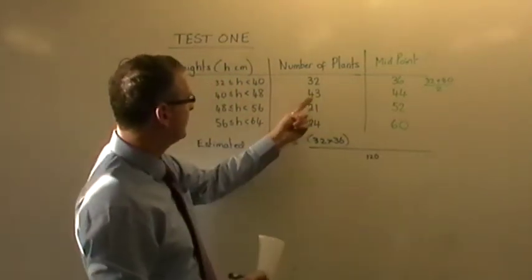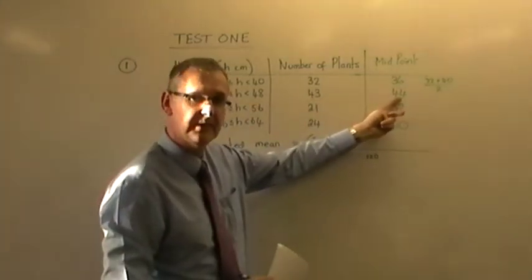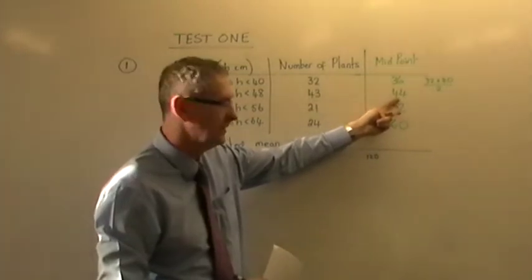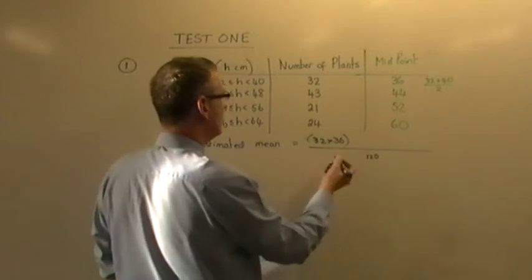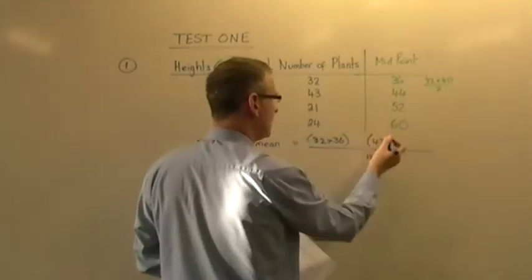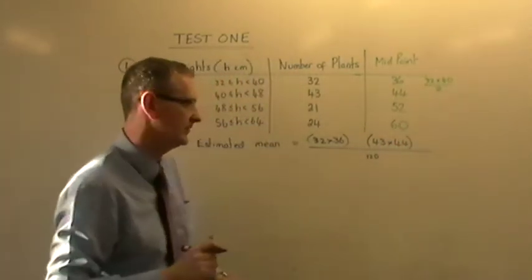Then I've got 43 other plants, and they are approximately 44 centimetres high each. They're not exact, approximately 44, the midpoint high. So instead of doing an add up sum, what I'm going to say is we've got 43 plants, each of them is 44 centimetres high. So I say 43 times 44.